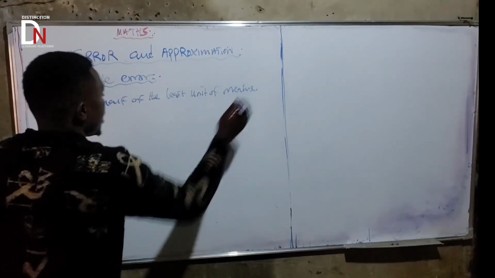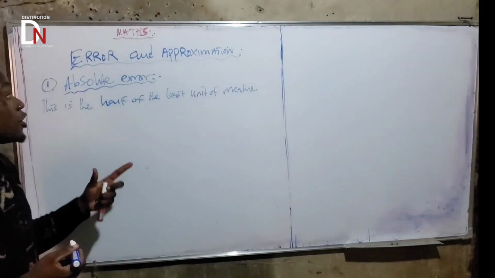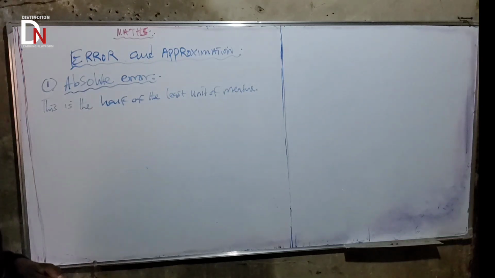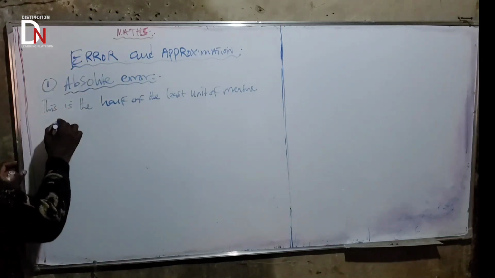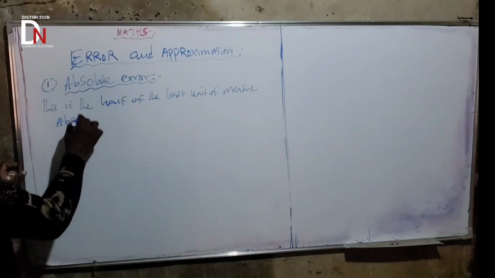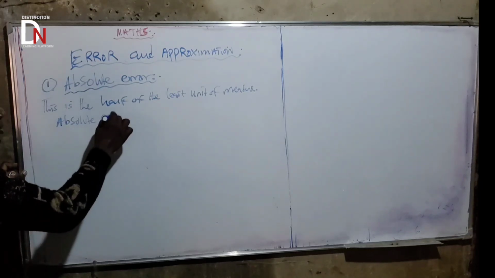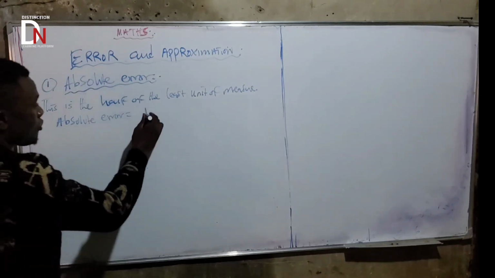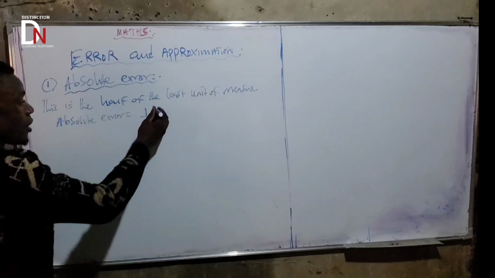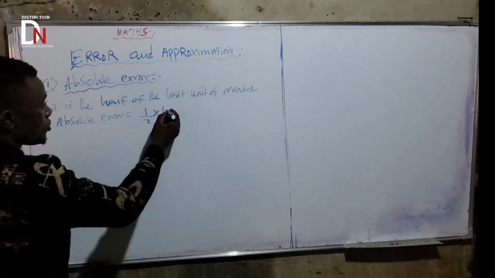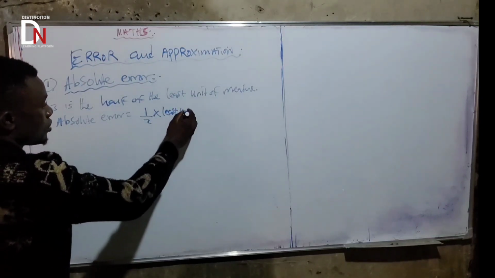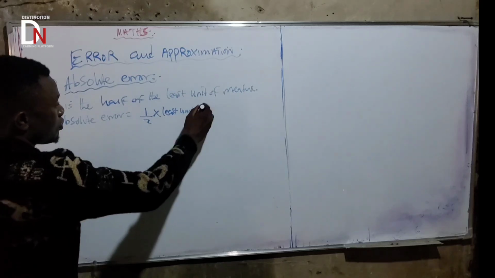From the definition we can come up with the formula: absolute error is equal to 1/2 multiplied by the least unit of measure.